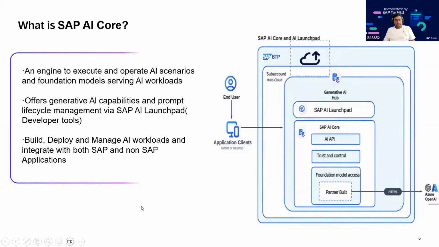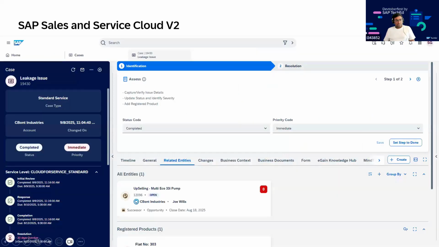Now, once the image has been retrieved from AI Core, we are trying to push a case into the service cloud. This is Sales and Service Cloud V2, a next-generation customer experience solution.